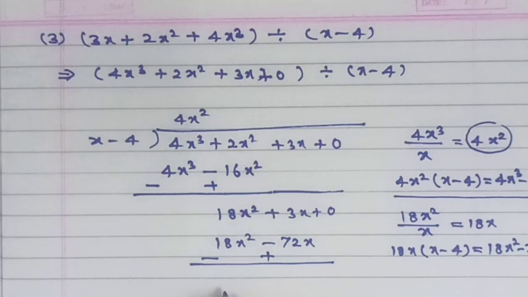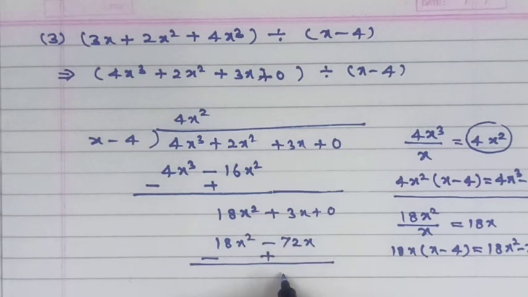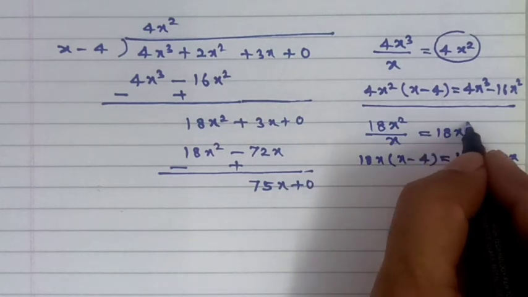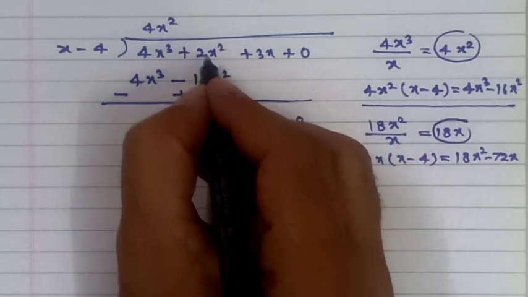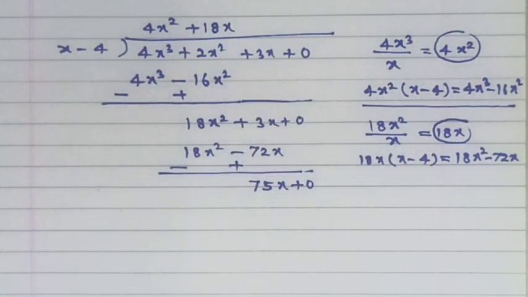When you subtract here, 18x square minus 18x square gives you 0, whereas 3x plus 72x gives you 75x plus 0. You forgot to write here 18x, so this 18x which is plus 18x, write down here plus 18x.